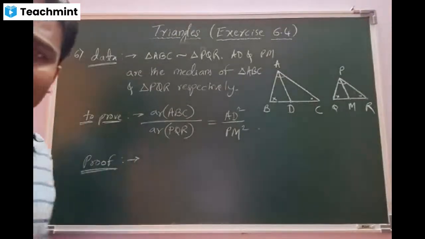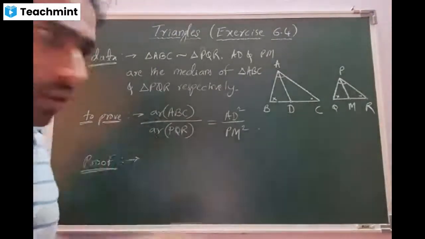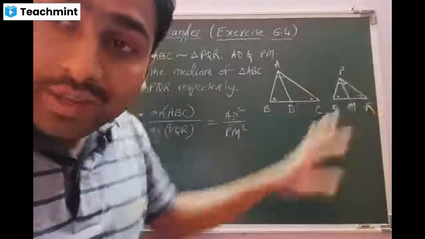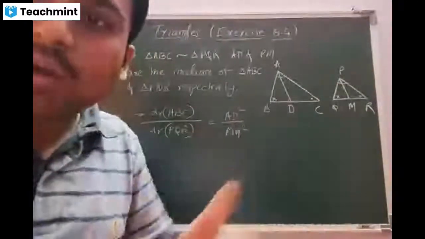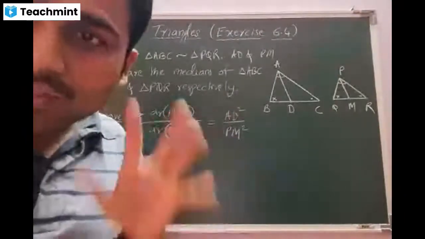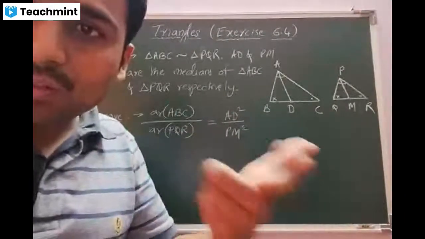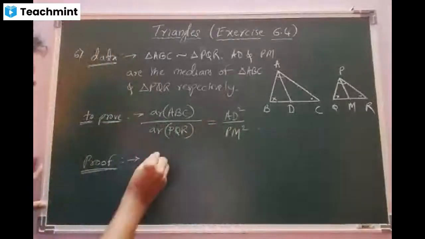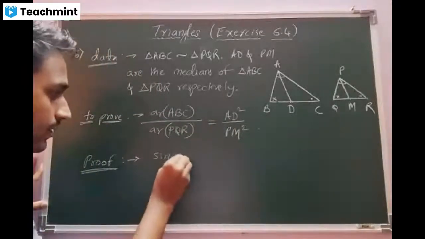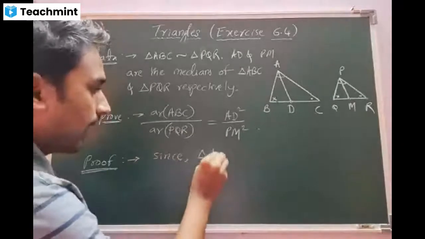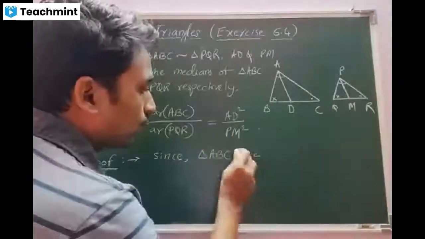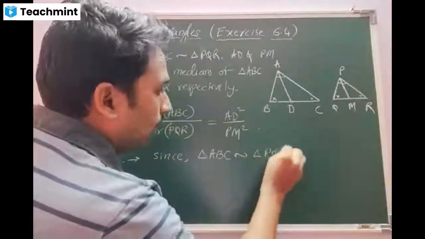Okay, beta. Look at the concept. First of all, the bigger triangle ABC is similar to the bigger triangle PQR, so I can apply the theorem which we have studied: areas of similar triangles are proportional to the squares of their corresponding sides. Triangle ABC is similar to triangle PQR.